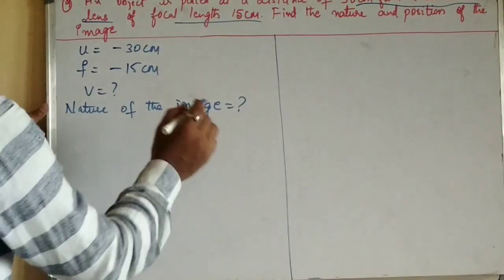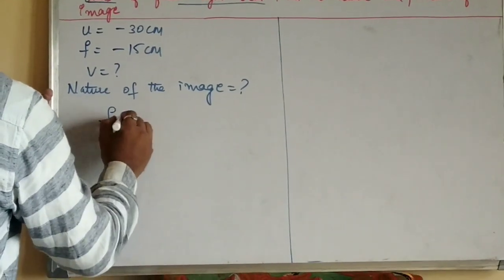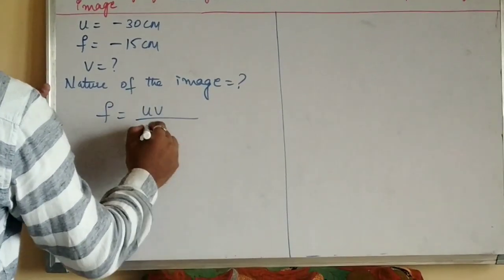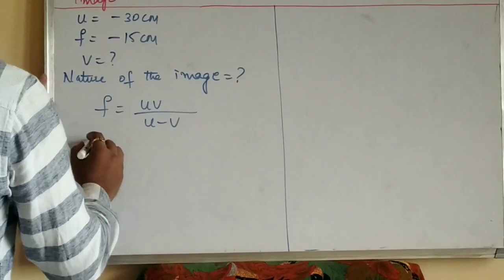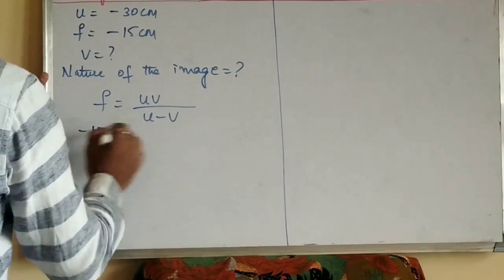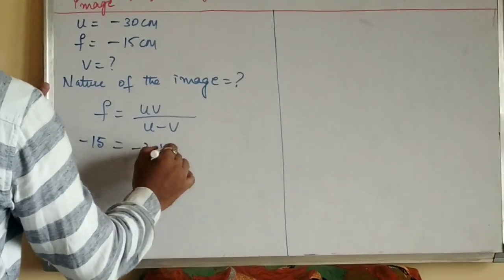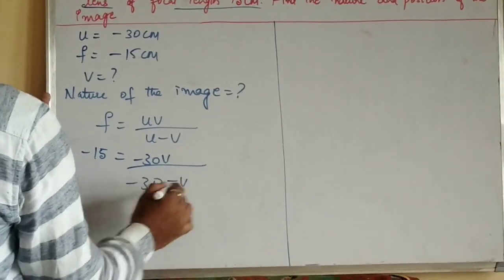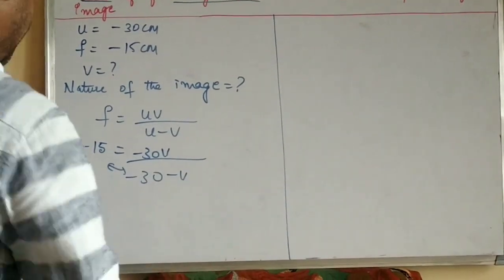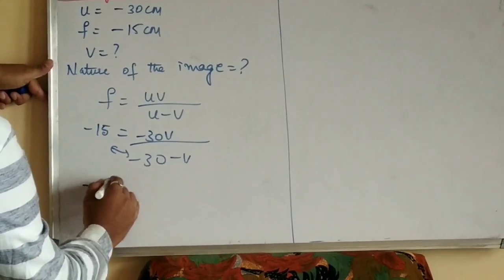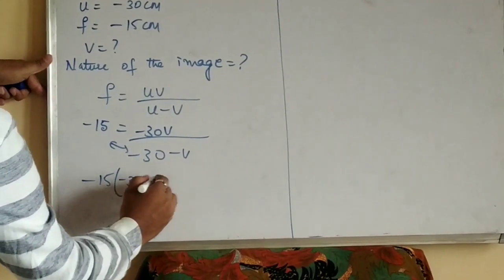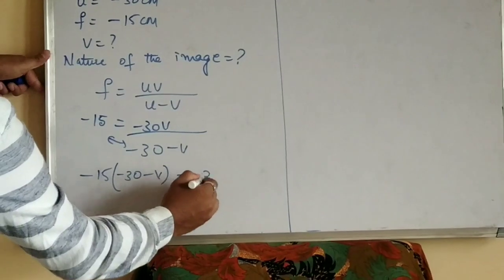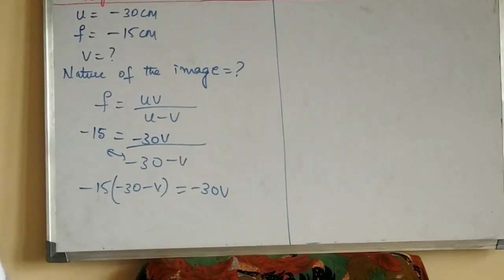Now use the lens formula, that is f is equal to product by difference, uv by u minus v. Then f is minus 15 is equal to u, minus 30, into v, divided by minus 30 minus v. Cross multiply it. So you will get minus 15 into minus 30 minus v is equal to minus 30v.